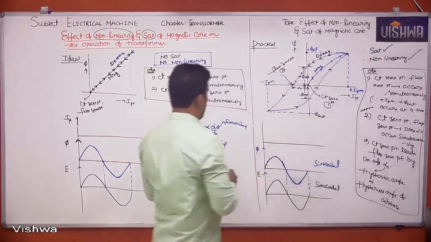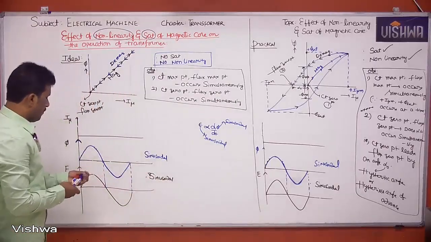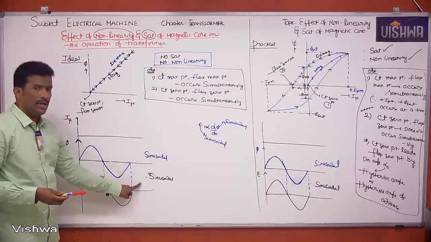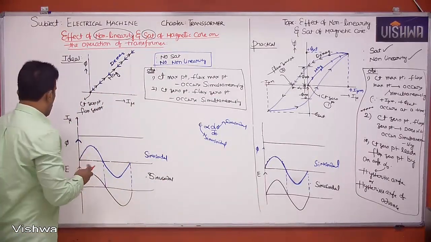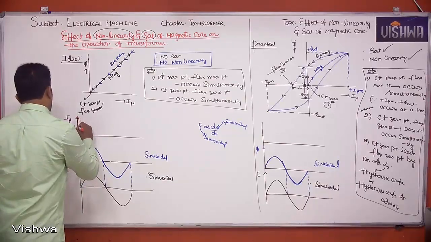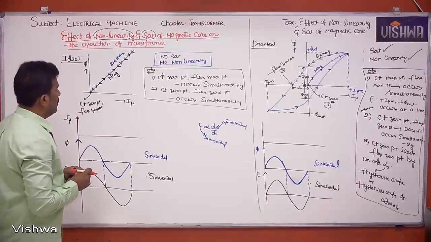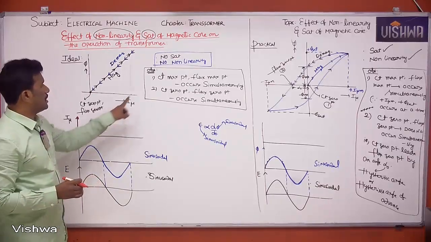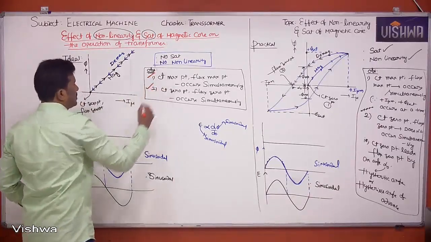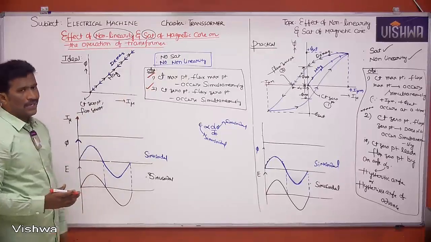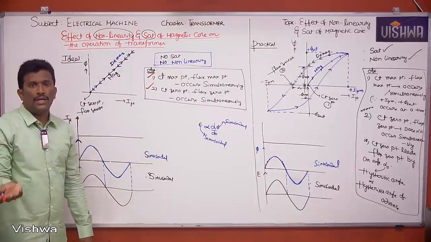Now tell me, if you want a sinusoidal flux waveform and sinusoidal EMF waveform in the ideal case, what is the shape of your I mu waveform required? Very simple. For drawing this I mu waveform, please see these observations. First observation: current maximum point and flux maximum occur simultaneously.